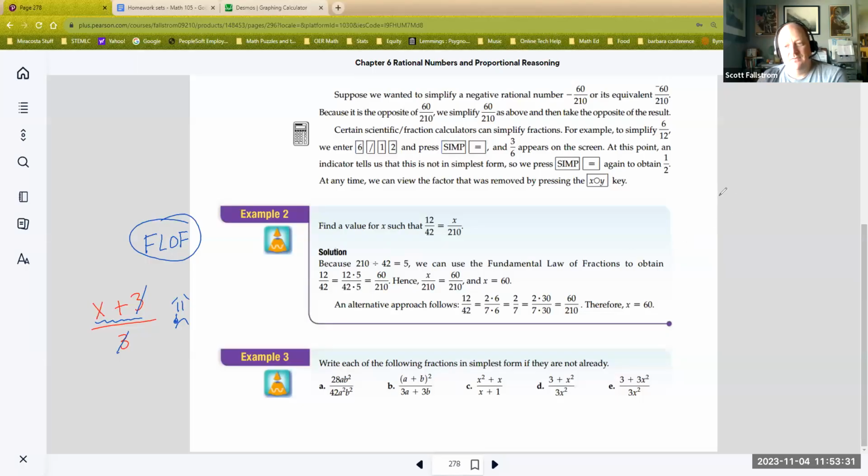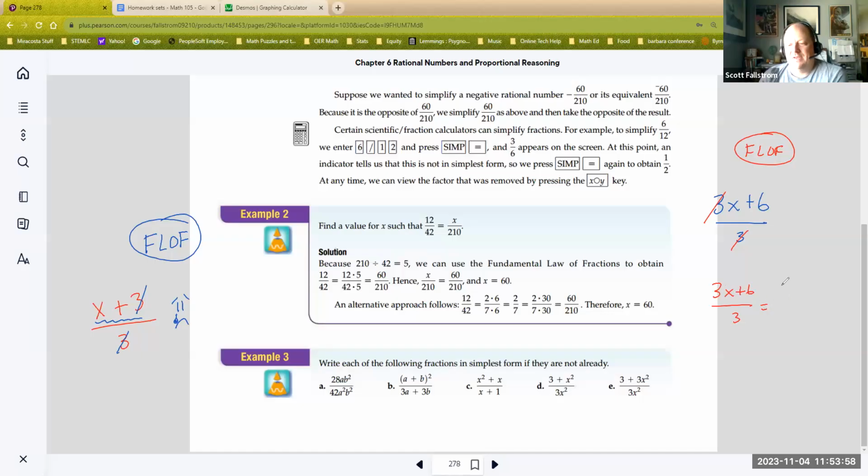Okay. If you see something like 3x plus 6 and the whole thing is over a 3, and your gut tells you to cross the 3's off, at least take a moment from this class, take a breath, and say, I fluffing love fractions. And what you have to do with fractions is you have to fluff them. So that means you have to find a common factor.